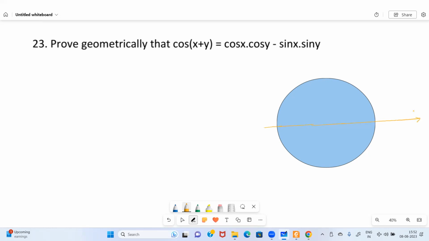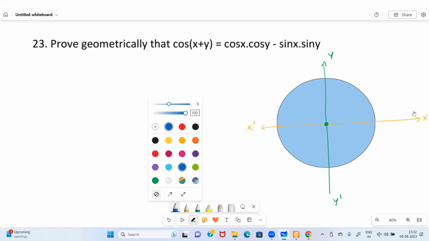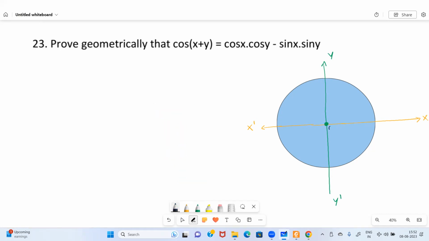Let us represent the x-axis: positive x-axis, and this is the negative part, negative x-axis. Let's say this vertical line represents the y-axis, positive y-axis, negative y-axis. So the center of the unit circle is at the origin. We say the point is O, which represents the origin.